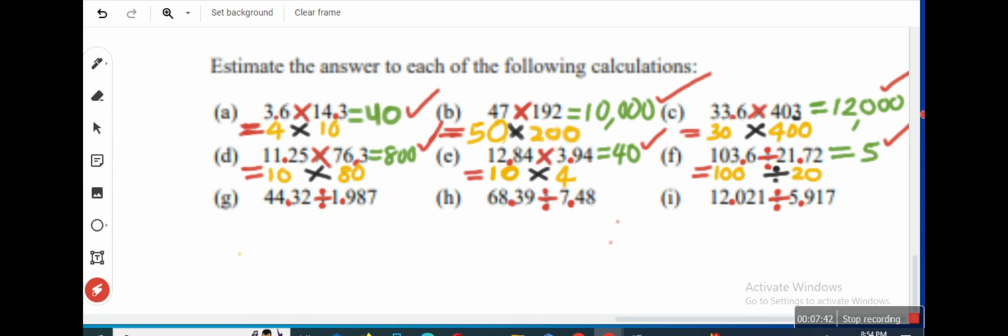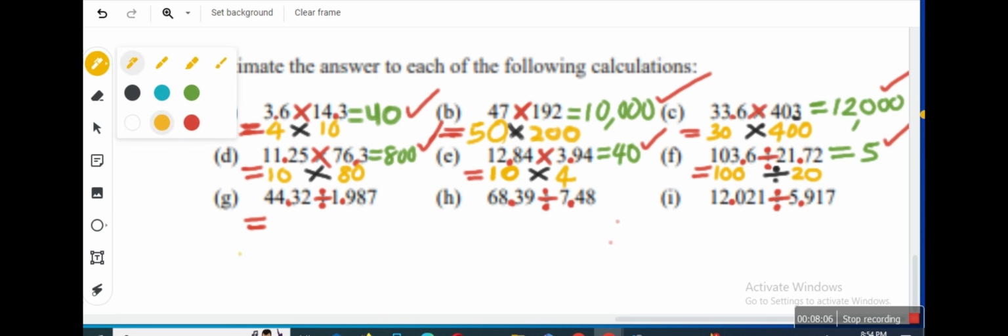Let's go. This will be what? Approximately what? Let's go quickly. We're almost done. 44 will be what?